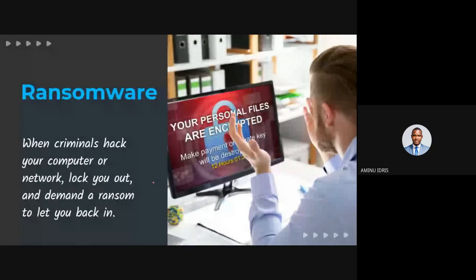How do we normally get this ransomware into our devices? This is a question we have to ask ourselves. Based on my recent investigation, a lot of people, especially Nigerians, are in the habit of getting free stuff. It is from there that malware is delivered by hackers to lock our systems and do a lot of things like that.